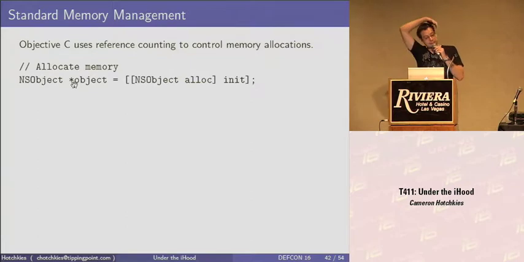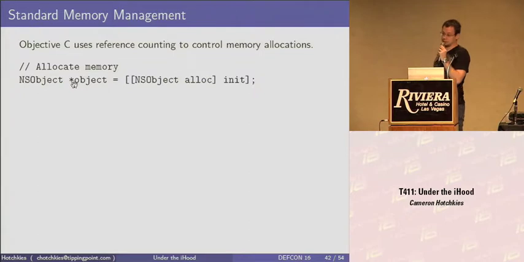So for memory management in Objective-C, this is the way objects are created. It's not malloc based. You don't call malloc directly from the Objective-C stuff. You call alloc itself, which is a selector, and then init. Init doesn't always have to be used; it's the developer's choice.